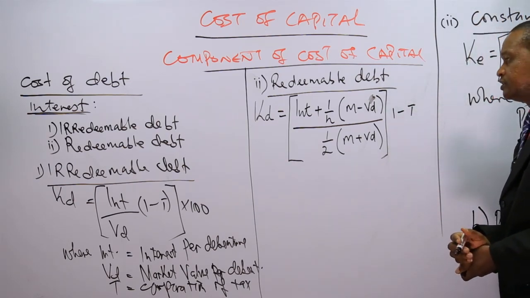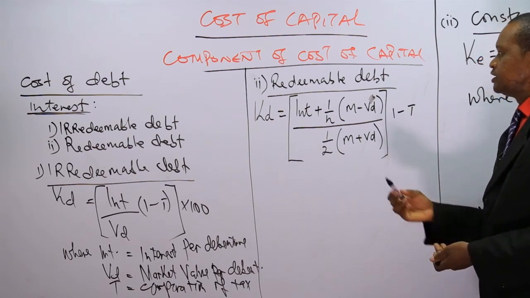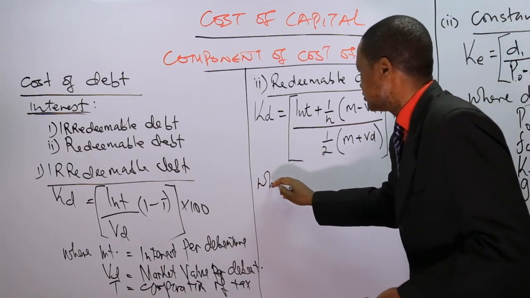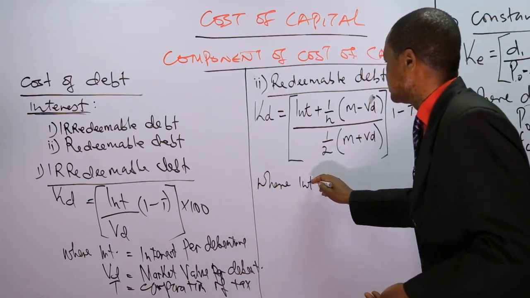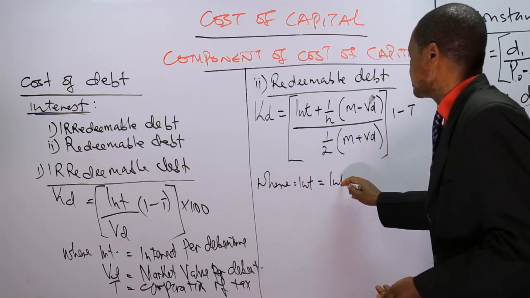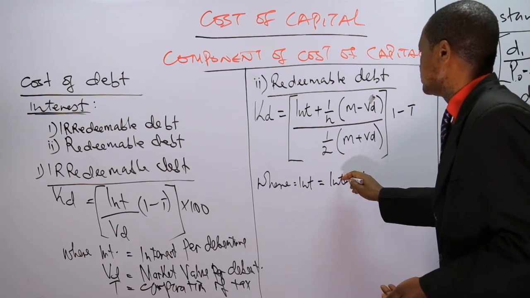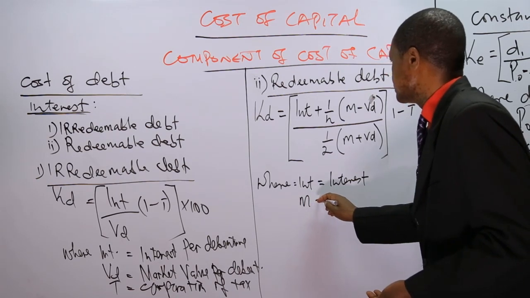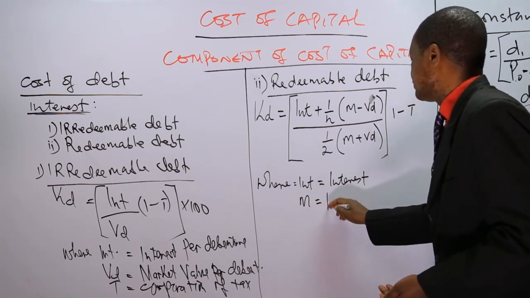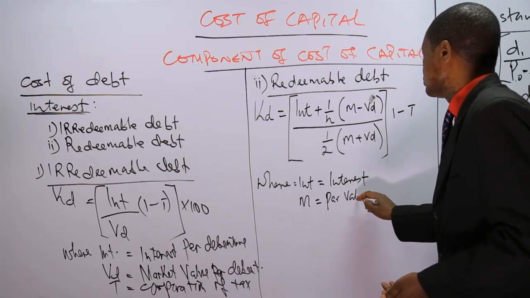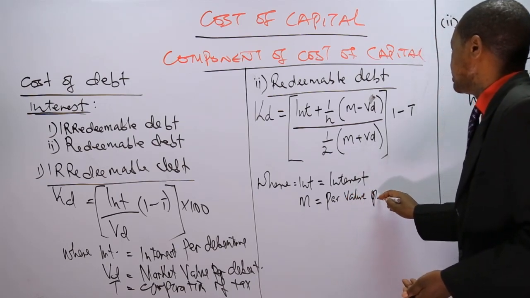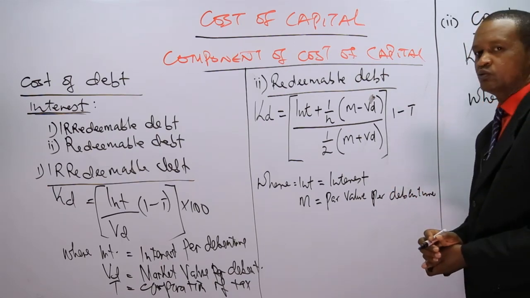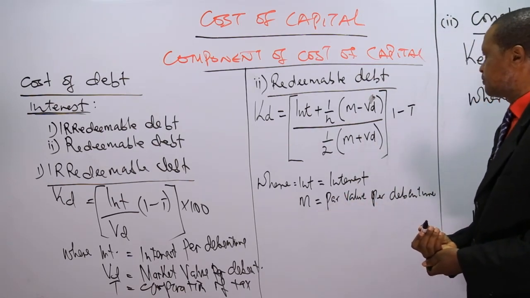Because remember, you have said debentures pay interest, which is tax allowable, where int is equal to the interest and m is equal to the par value per debenture, the par value, the face value of the debenture.